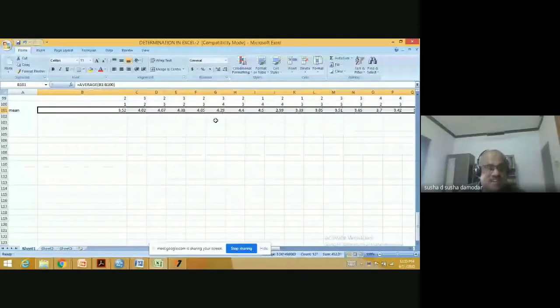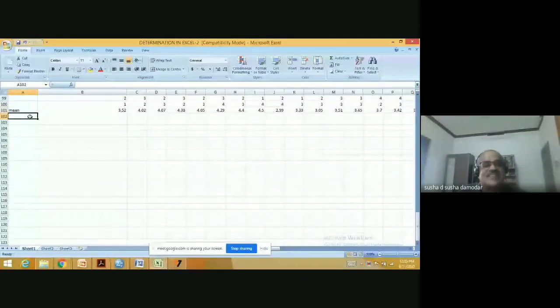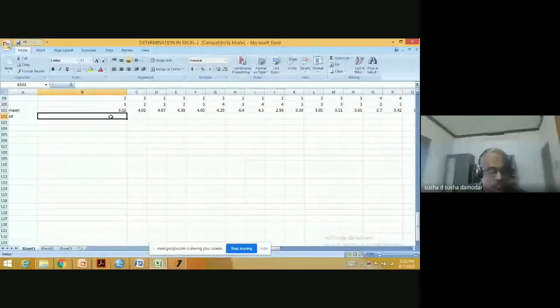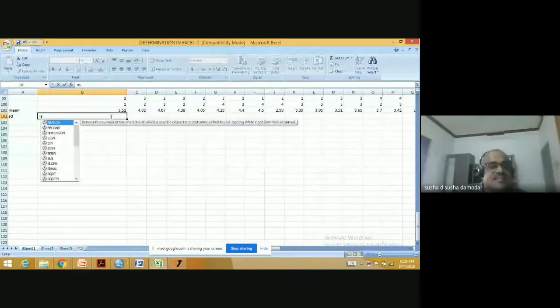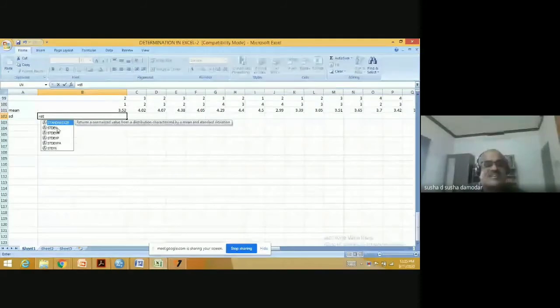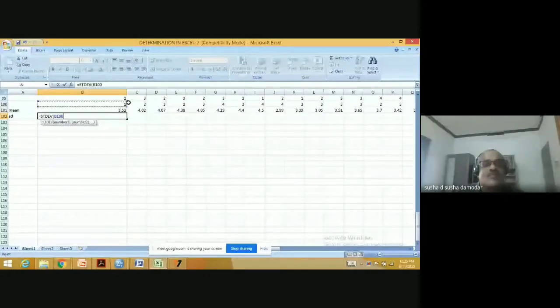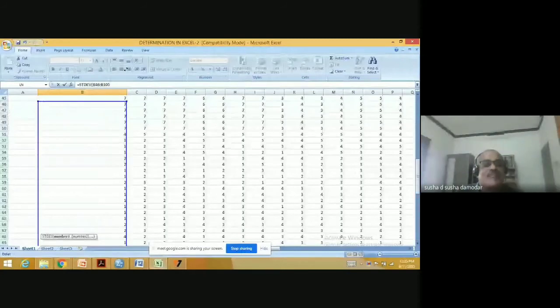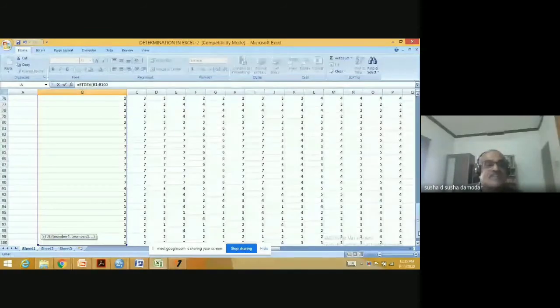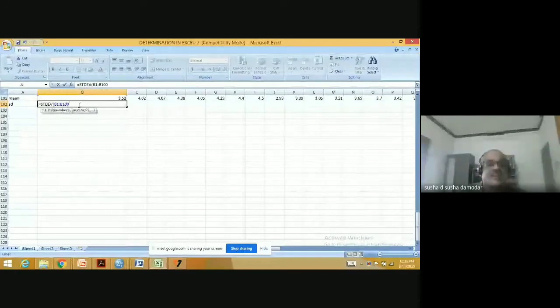Then calculate the standard deviation, SD, is equal to standard deviation. Select the first column. Bracket close.